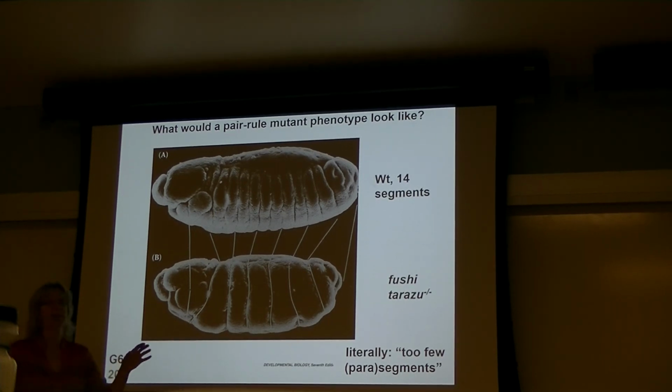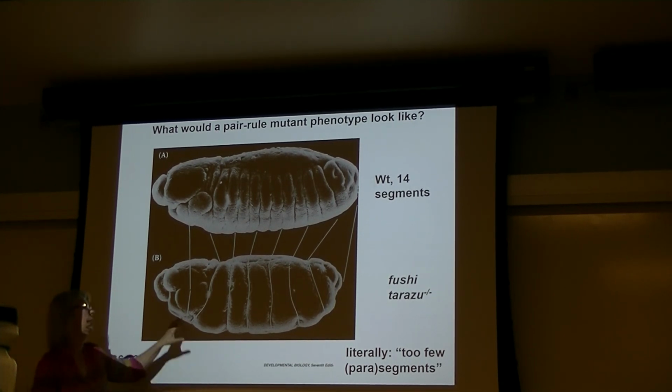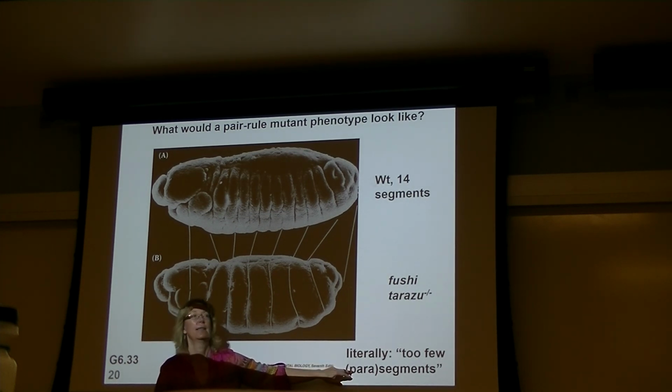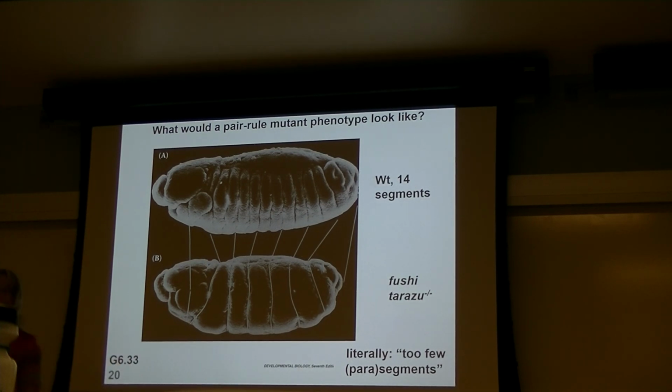And then everything that was in between is now condensed together, and you get an embryo with literally too few parasegments, which is actually what Fushi-Tarazu means in Japanese. So too few parasegments. You could also say too few segments, but probably more accurate to say too few parasegments.